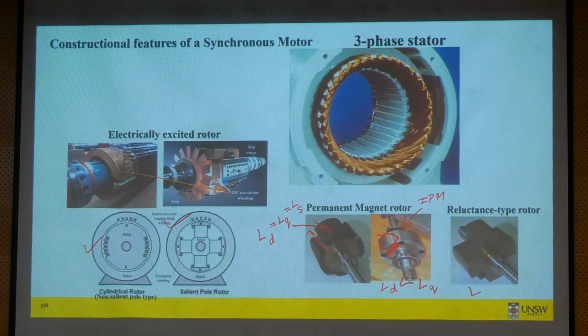But if you define the DQ axis the same as a PM machine, then we will say no, LQ is bigger than LD. So for salient pole, the DQ axis definition is kind of a convention. You define it how you like, okay? But LD is not equal to LQ, same as the IPM machine.